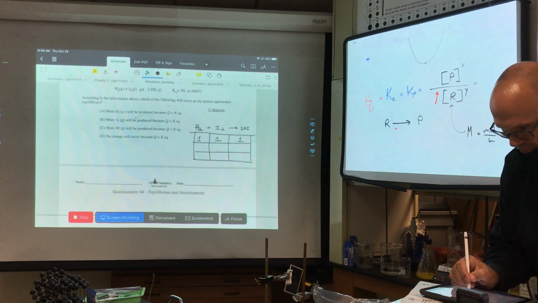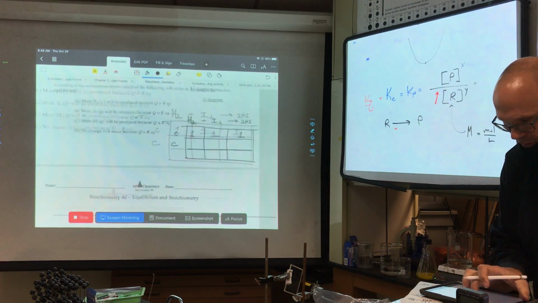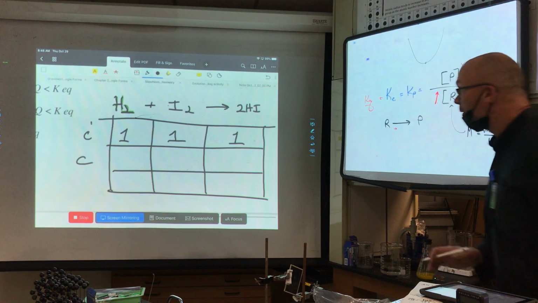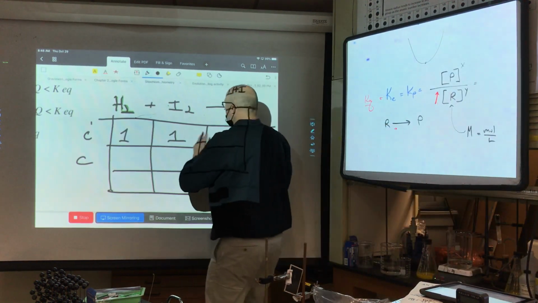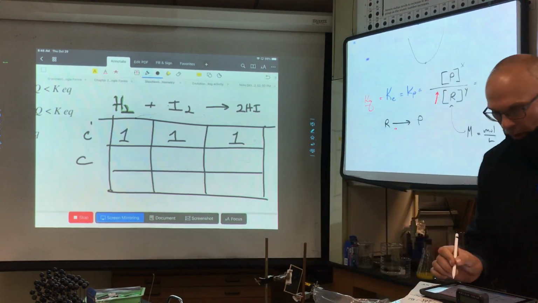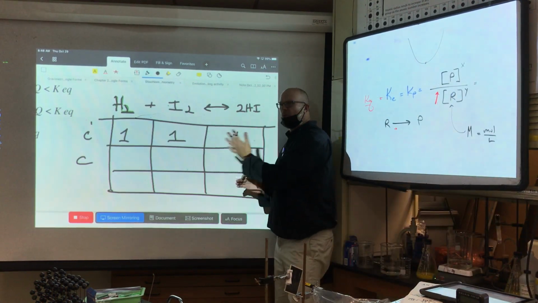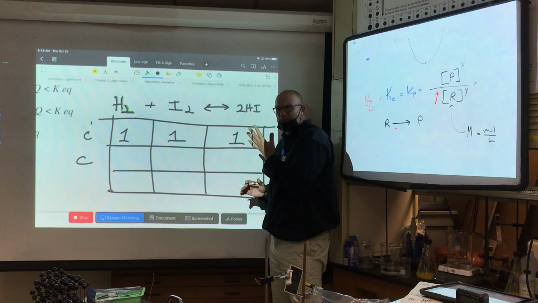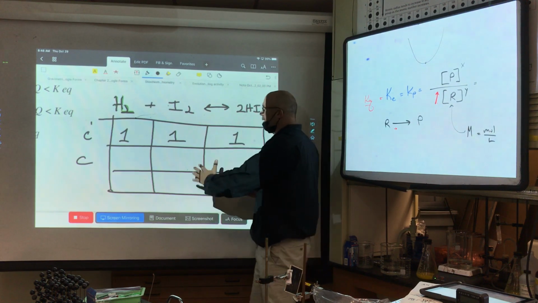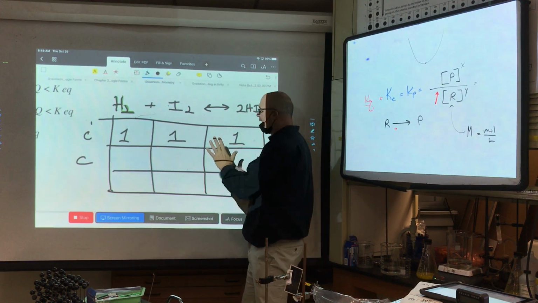So there's my initial. Now what's my change? Think with me, party people, okay? We know that this is going to reach equilibrium. And because the K is above 1, isn't the products favored a little bit? Right now, Q equals 1, but the K was 50.